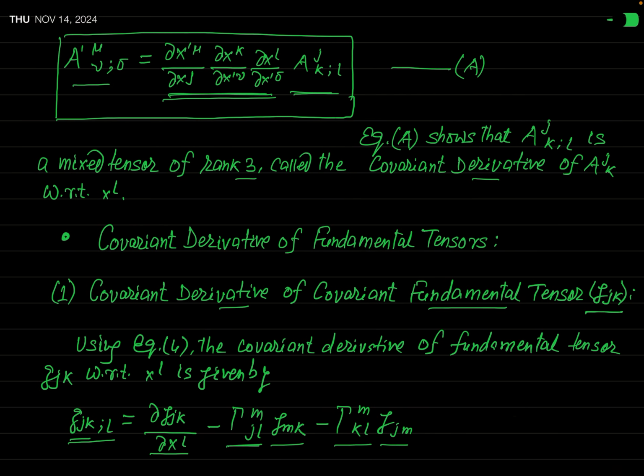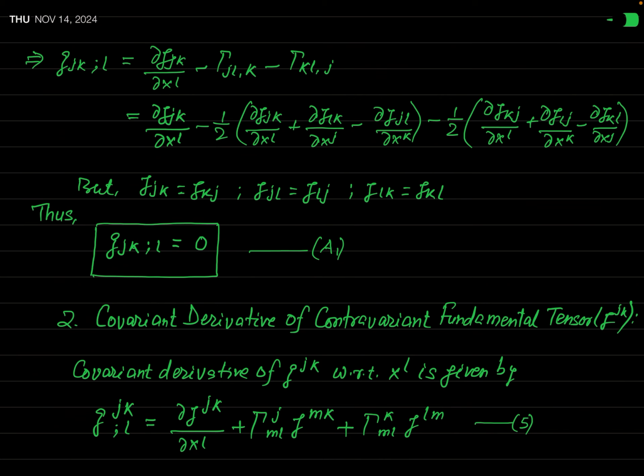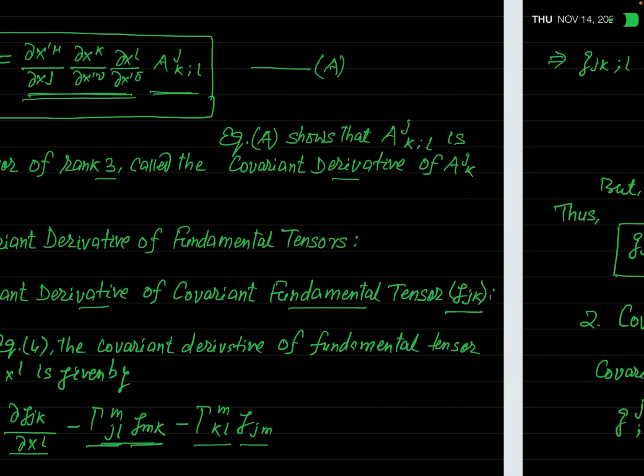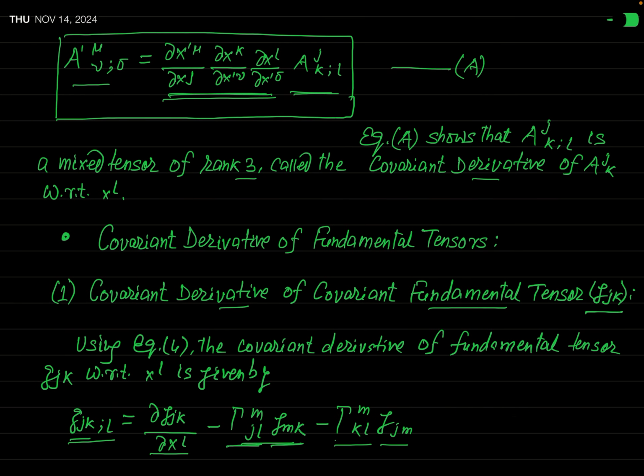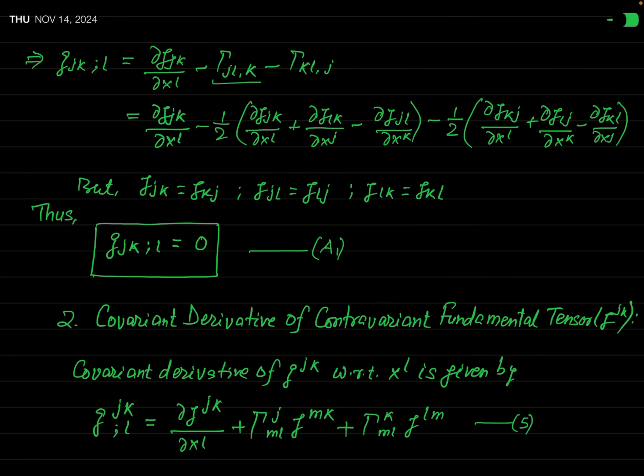And you have seen in that lecture that this product, this Christoffel symbol of second kind times this fundamental tensor GMK, is equal to the Christoffel symbol of first kind denoted by the symbol gamma JL comma K. And similarly, this product of the Christoffel symbol of second kind gamma MKL times the fundamental tensor GJM is equal to gamma KL comma J. We have seen this earlier in our lecture.